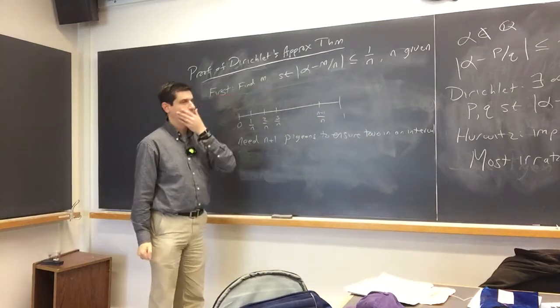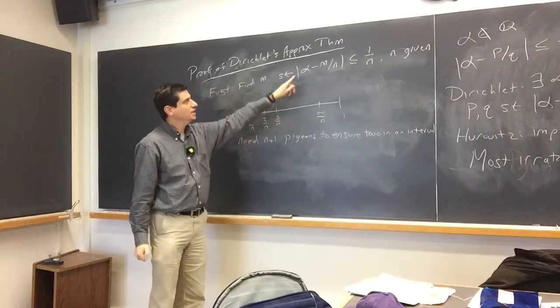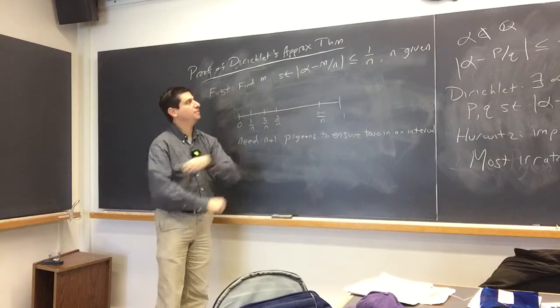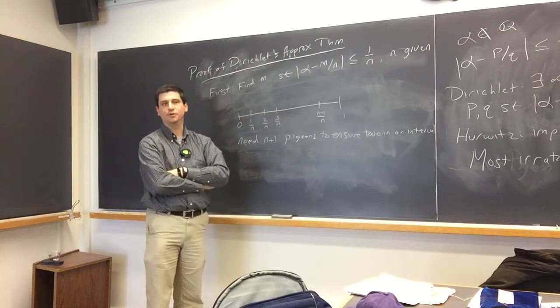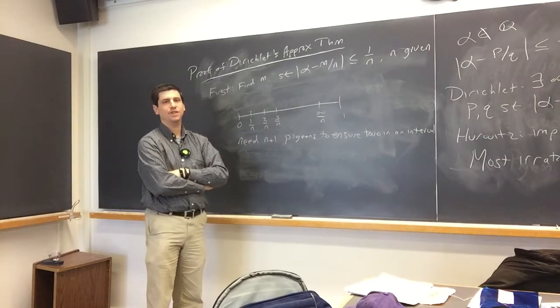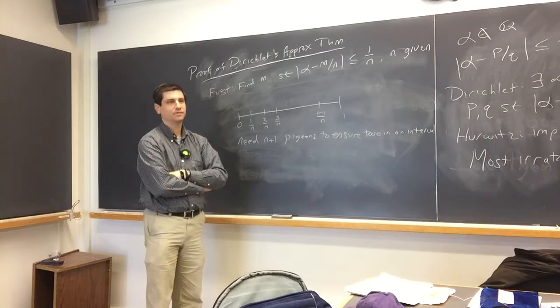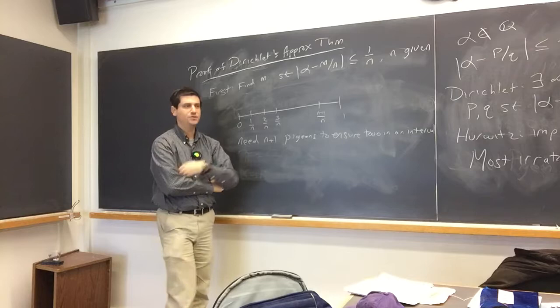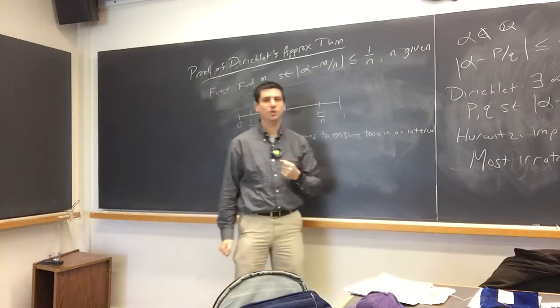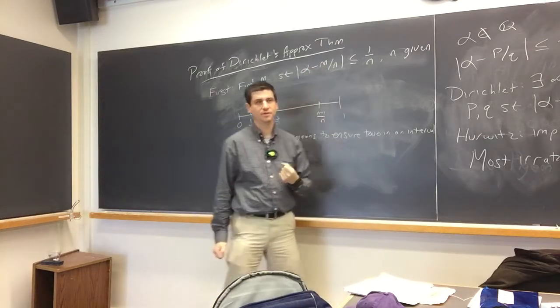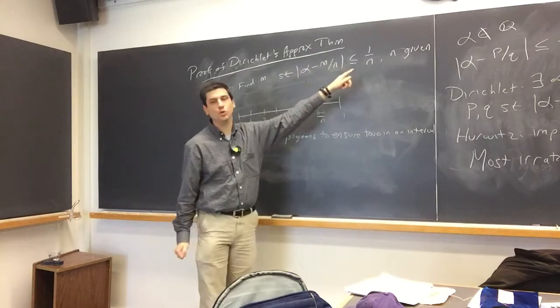So we have alpha. There might be an interesting way of rewriting alpha minus m over n is less than or equal to 1 over n. How could you rewrite that? And if you see the right way to rewrite this, this will help with the problem. What's an equivalent inequality to this?